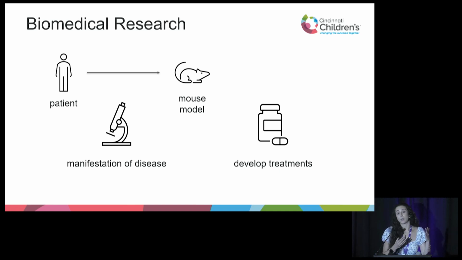But whenever we can't, if a procedure is too invasive or not the best for our patients, we try to do that in mice. These mouse models help us understand what's going on with these manifestations of the disease in addition to what we learn from the patients, and to test possible treatments before we put them in our patients.